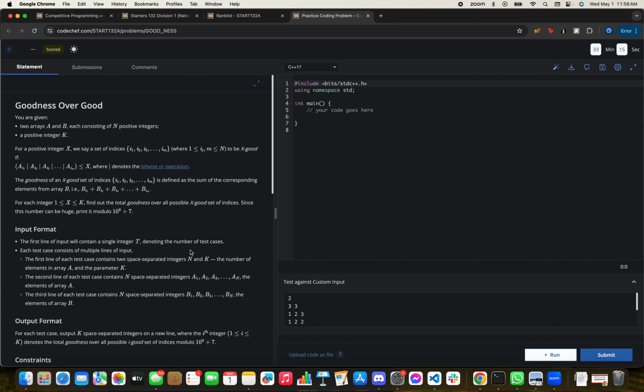I guess each mask has the number of ways you can pick something, and also the sum, right?